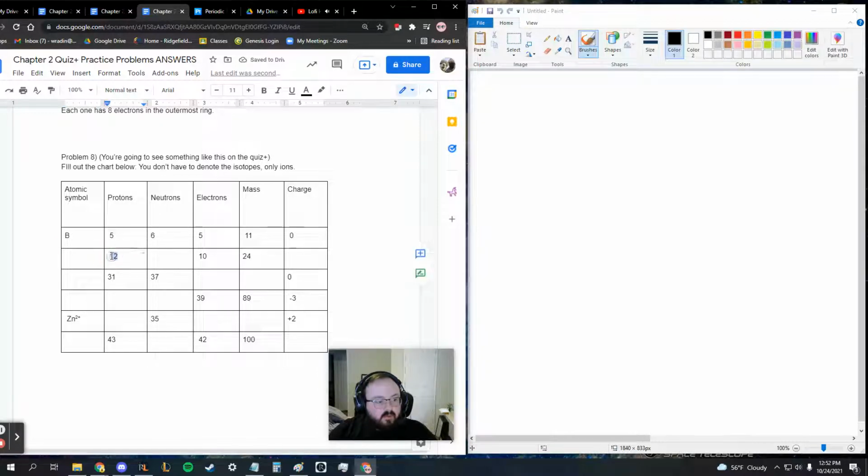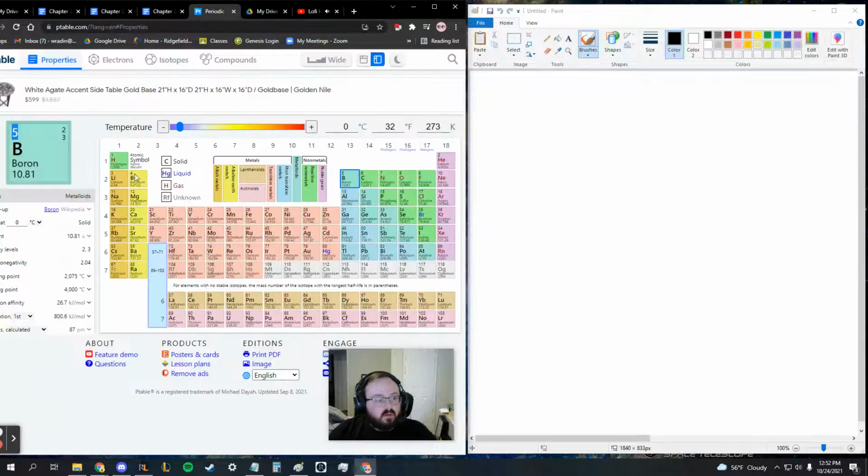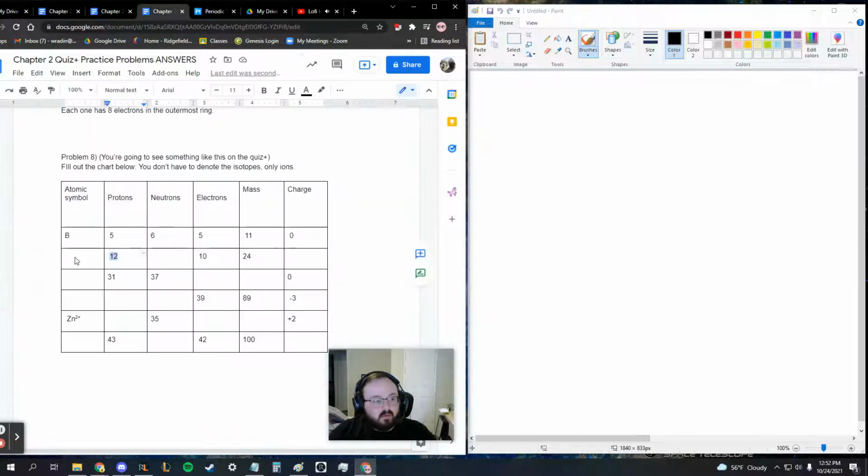Second element. Protons is 12. Well, let's go. Right here, we know that this is 12. This is magnesium. So I'm going to put in Mg. I might have to change it for a charge. I don't know yet. Our mass is 24, and we have 12 protons. So 24 minus 12 gives us 12.